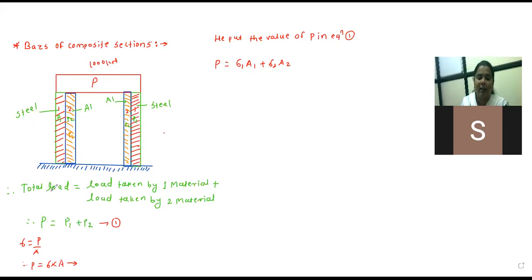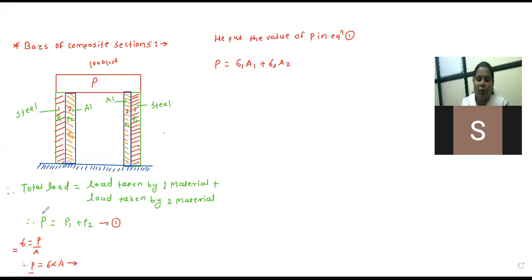That's why I have written here total load is equal to load taken by the first material plus load taken by the second material. That is, total force P is equal to P1 plus P2. Already one basic formula we have studied, that is stress is equal to force upon area. I have converted this formula in terms of P, so force is equal to stress into area.